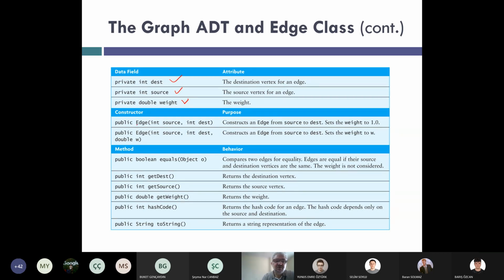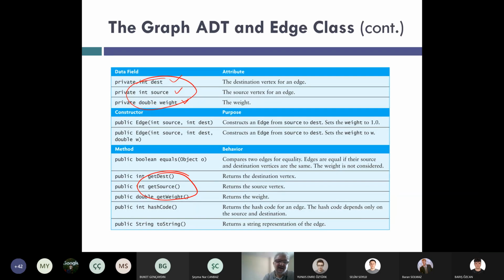Of course, there should be a constructor for the edge specifying the source and destination, and another one for specifying the weight as well. And here we have getters for the 3 data fields.